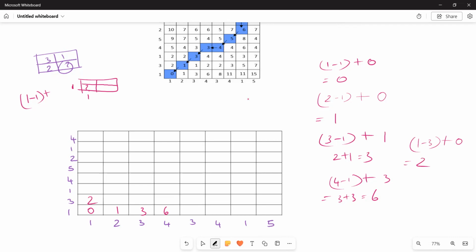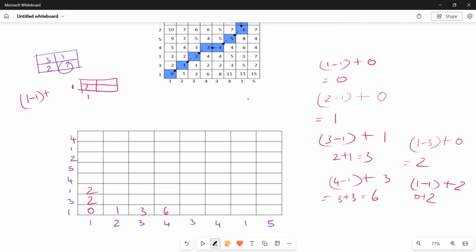And coming to the next one here. Okay. So here again it is 1 minus 1, right? 1 minus 1. And this is your square box where you have only 2. Okay. So 0 plus 2, you have a 2 here.